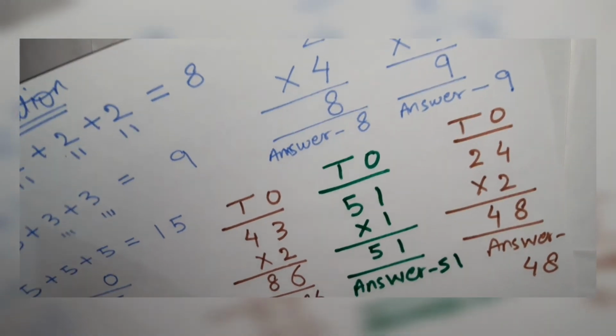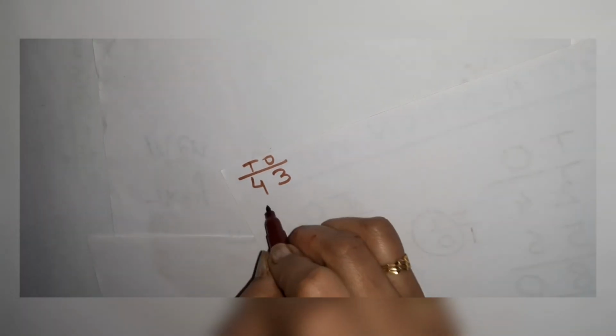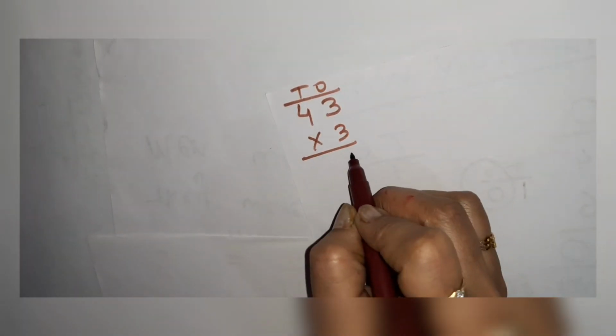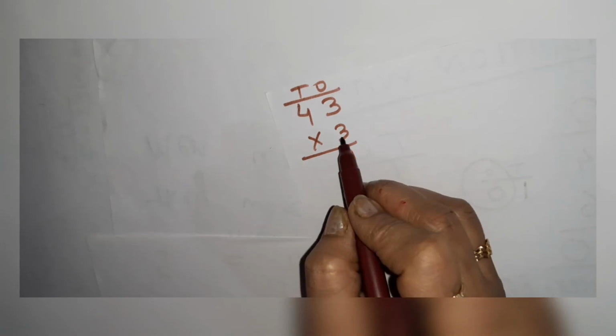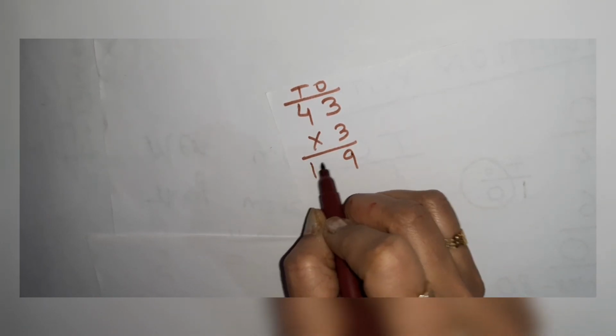Now if the answer comes in 3 digits, see, I can do an example where I am multiplying 43, this is T O, tens and ones, by 3. Okay. Now what's coming? Three 3's are 9, and three 4's are 12.